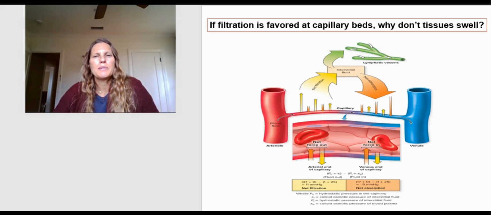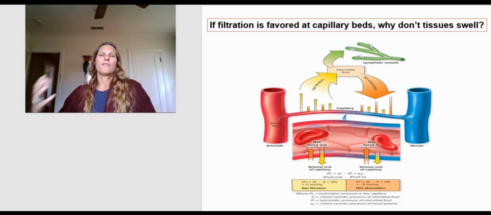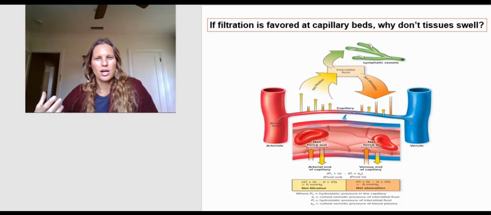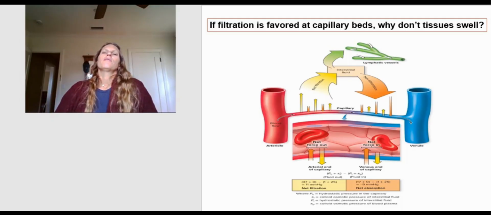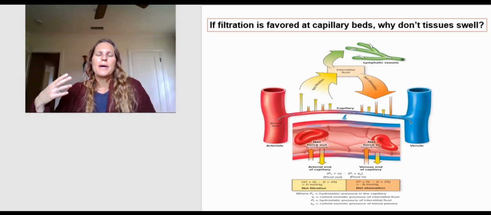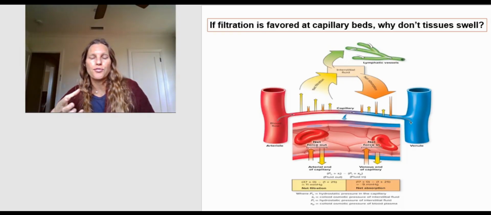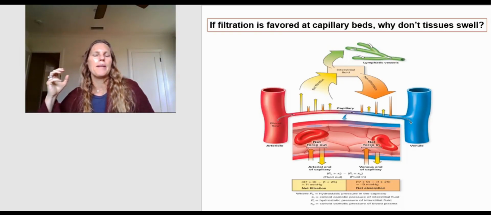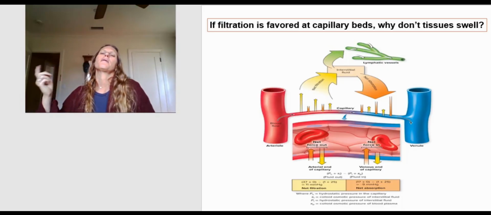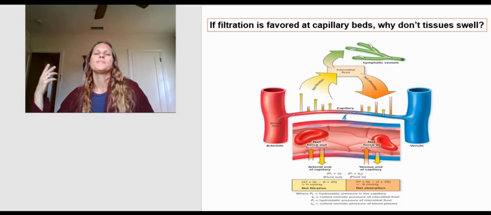And the reason for that is because we have a lymphatic system, which we're not going to talk a lot about. We mentioned it in the previous lecture, in the previous module, but the lymphatic system is hugely important for returning the fluid that leaks out of our capillaries into the interstitial spaces back to general circulation.